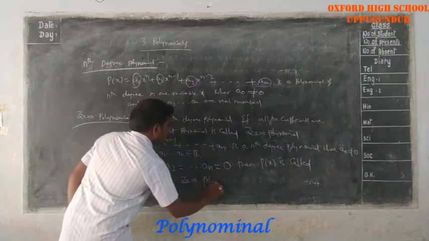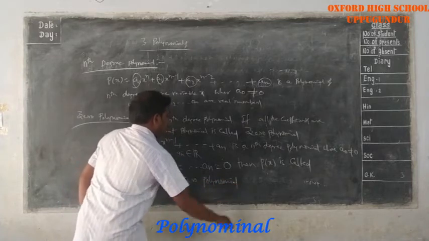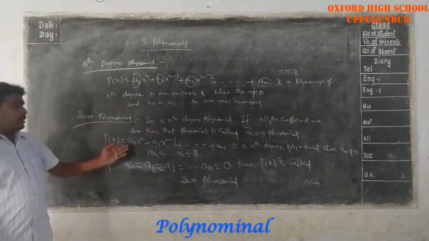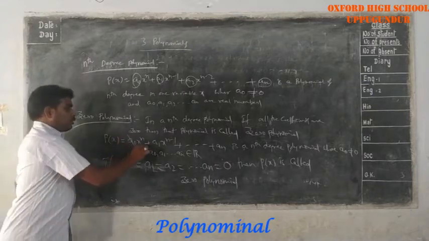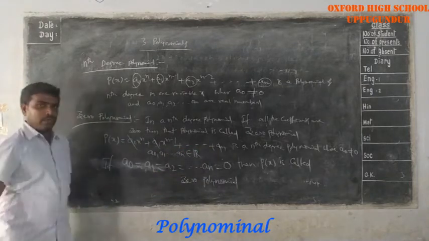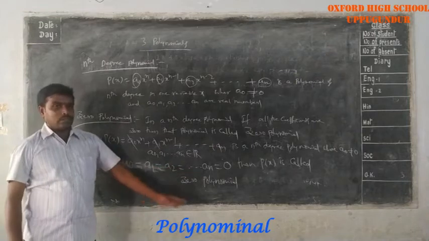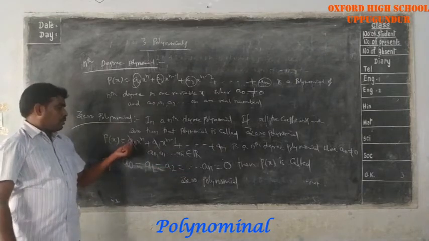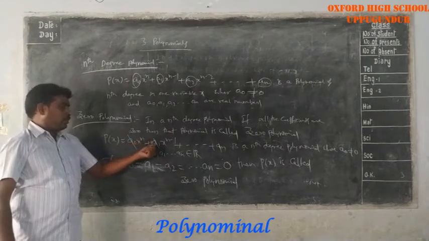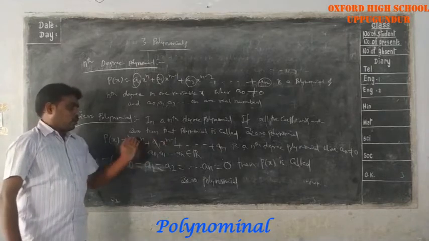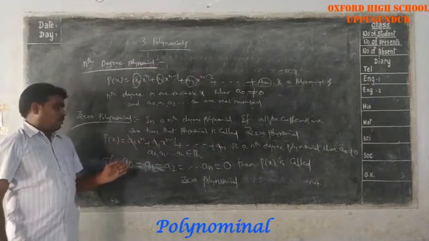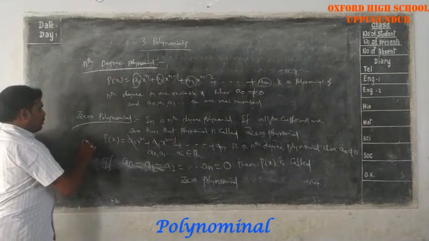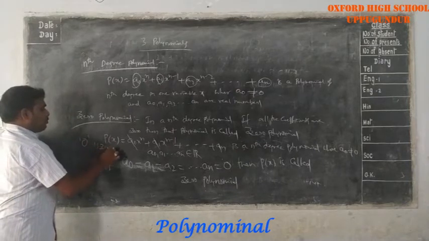So in this nth degree polynomial, if all these coefficients a0, a1 and so on, an are 0, these all 0 means 0 into this value, 0, 0 into this one, 0. Total p of x you will get 0. But you can't write 0 is 0 polynomial.